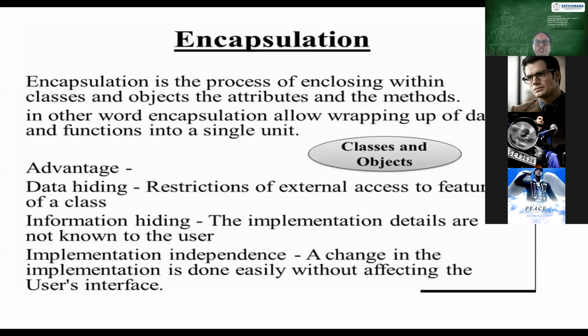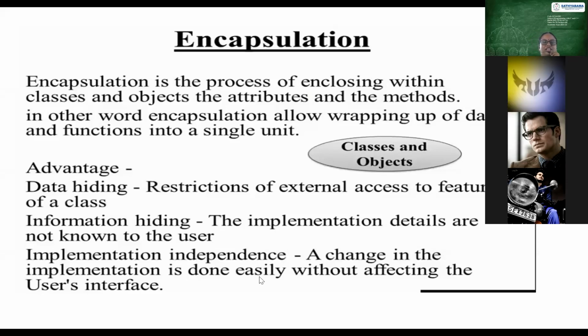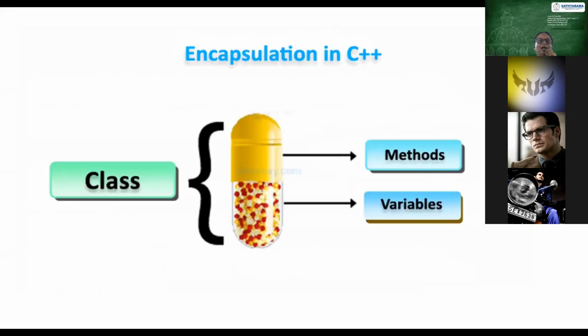So what is encapsulation? You have to understand that it is hiding the data, hiding the information, and doing the implementation independently. Have you understood this encapsulation? Yes, wrapping the data and code in a single unit. That is encapsulation. That's why they gave this diagram.